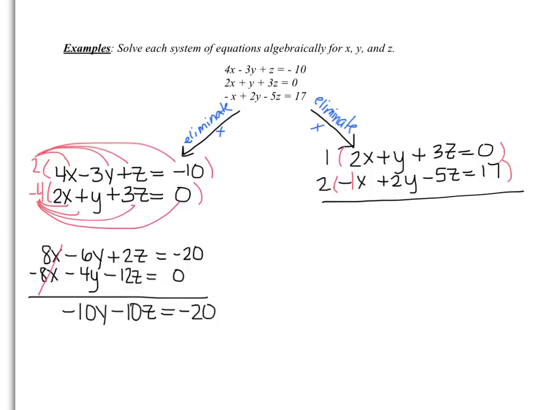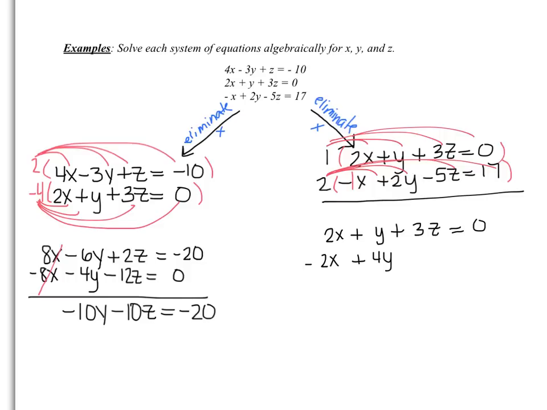So now let's multiply everything out, and then multiply everything out in here. Alright, so pause the video and see what you get. Okay, you should get 2x plus y plus 3z equals 0, negative 2x plus 4y minus 10z equals 34.